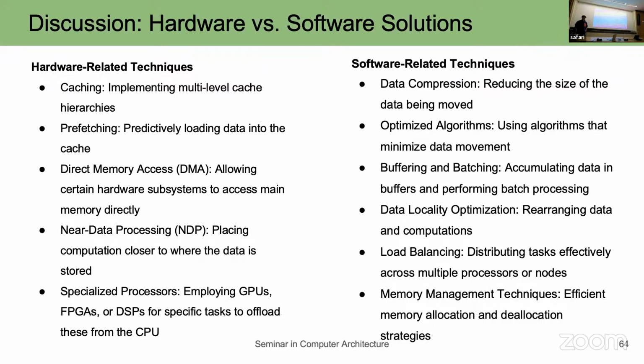So I think optimized algorithms would probably be the best. If you can optimize the algorithm, you should always do that. But obviously it's not always possible. For data compression, I would say it's probably not the best idea, because you always have to decompress it again, and it might only be relevant for really big data sets.